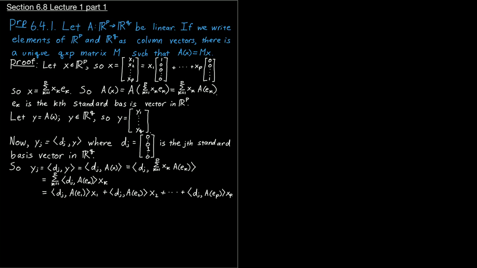So we can see that the vector Y1 down through YQ is this matrix, with rows D1 A of E1 up through D1 A of EP, down to DQ A of E1 through DQ A of EP, times the vector X1 down through XP.